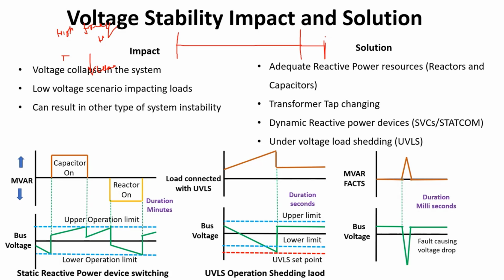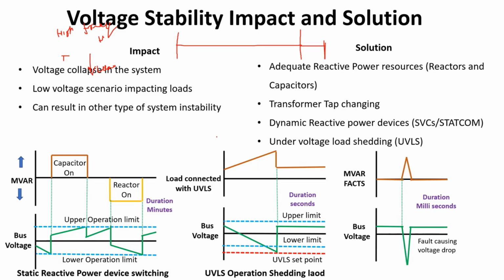Even in your ACDB in your substation also. So these trip settings are in place at various locations. This is basically under voltage detection, and you do the trip setting so that you do not damage the equipment. That's the purpose of it.